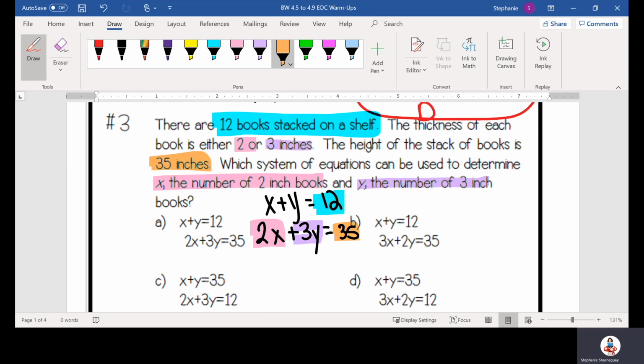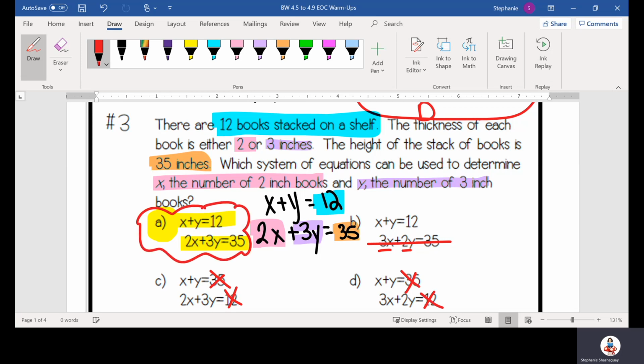So x plus y equals 12, 2x plus 3y equals 35. My correct answer is A. The reason why B is incorrect is because they flip-flopped the x and y terms, so that's not correct. C, they flip-flopped the equals portion. They told me that x plus y was equal to 35, and that is incorrect, and same with option D. So A is our correct answer.